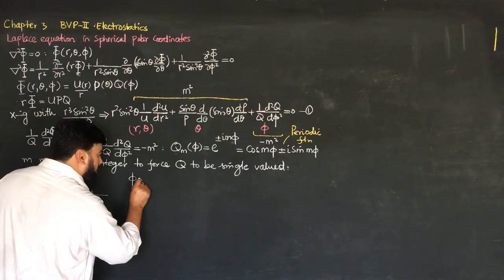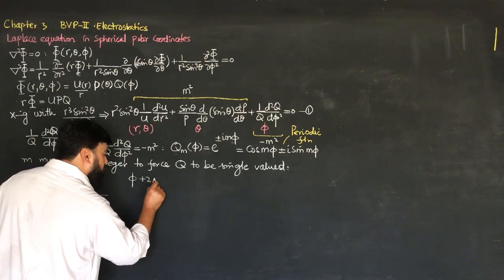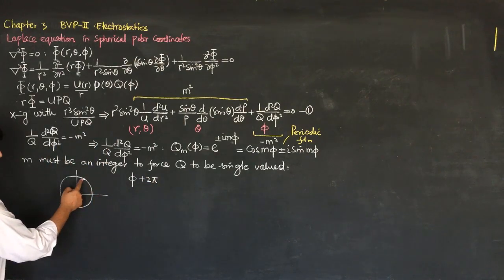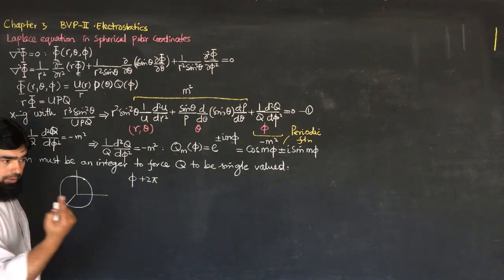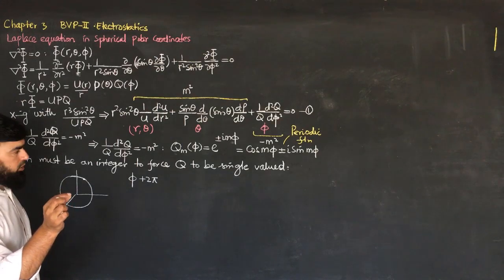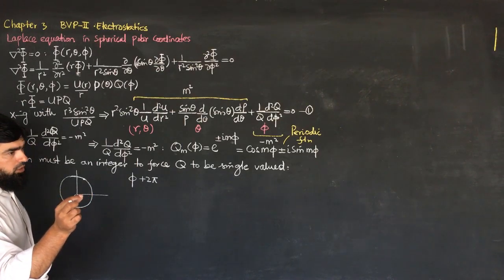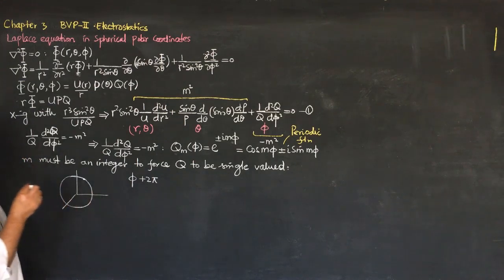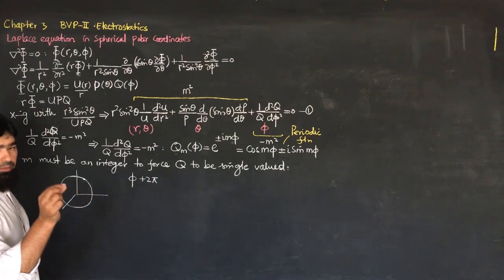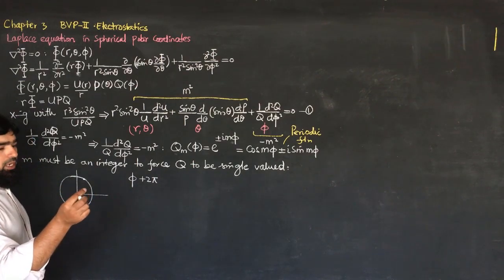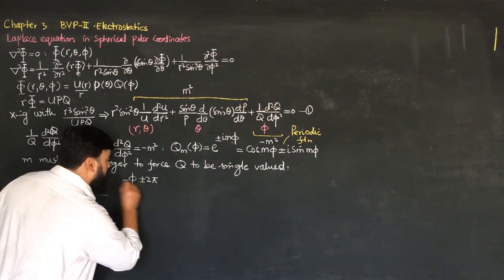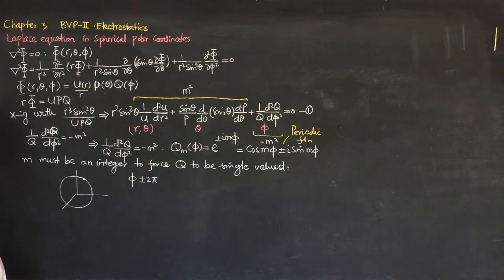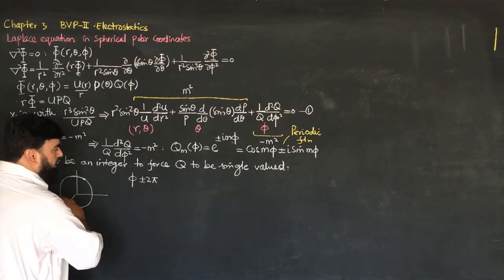Then, being a periodic function, if I move this point up to 2 pi on the surface of the sphere, I will again come to that point. Similarly, if I move in reverse, I will come to that point. So plus minus 2 pi will again give me the same point.